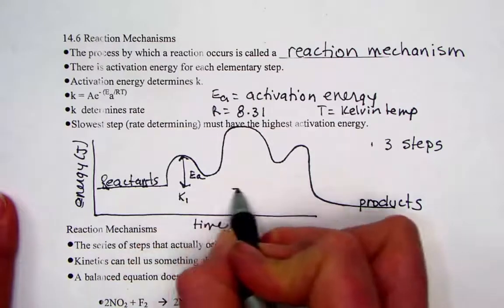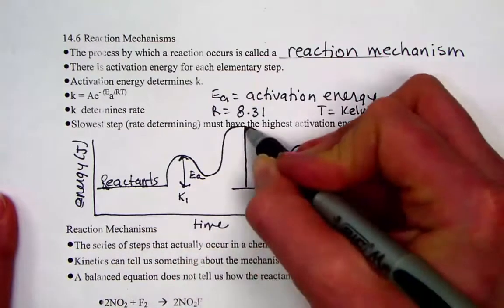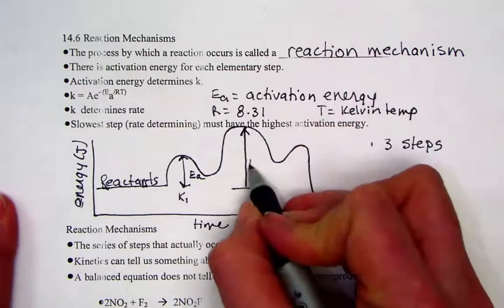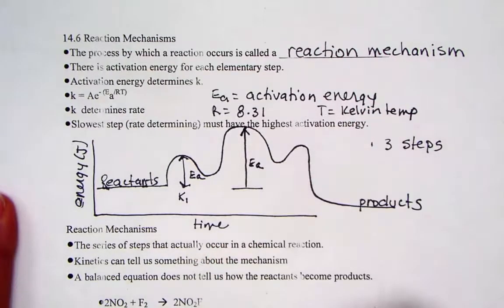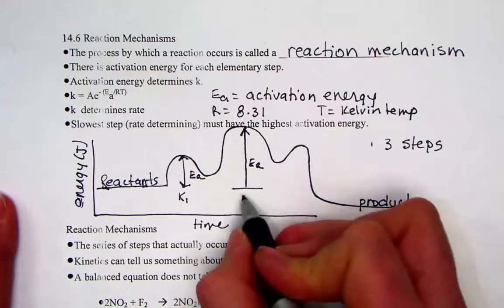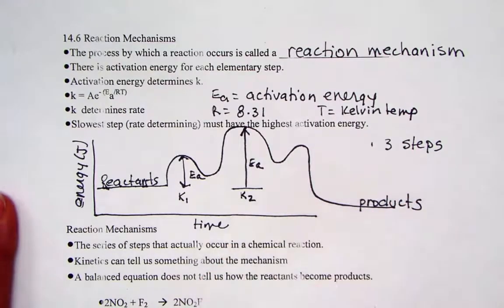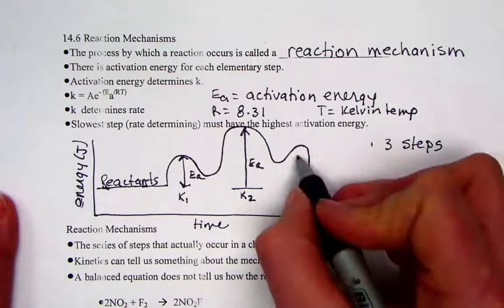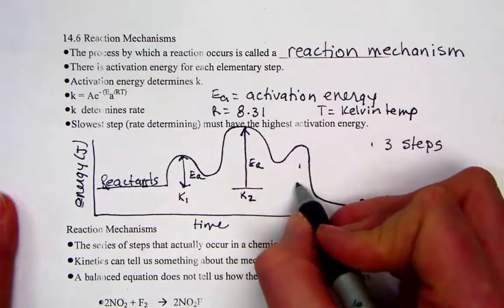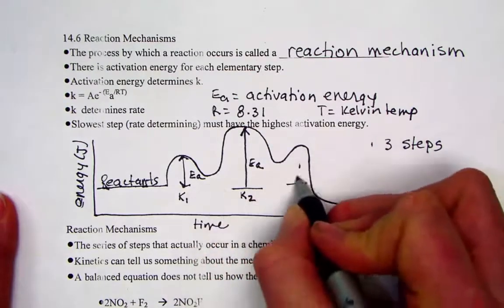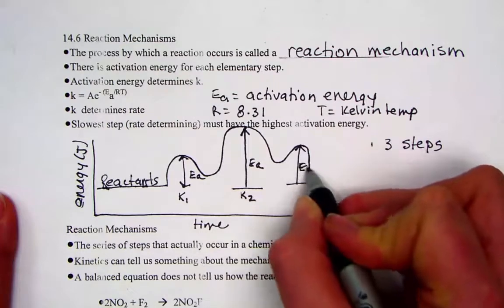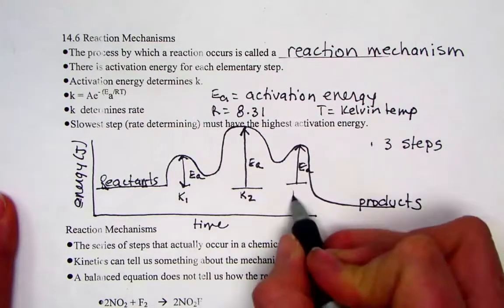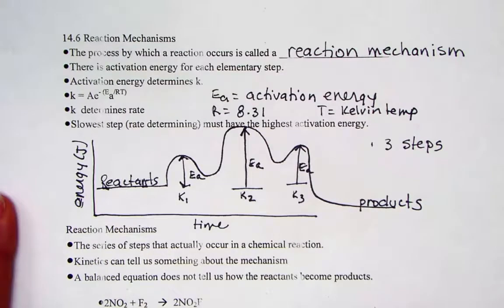From the reactants all the way to the top of the second energy barrier, we would have the activation energy for the second elementary step, and this would have a rate constant known as k2. And again, in the third elementary step, all the way back down to the reactants, we would have a third value of the activation energy and a third k value for that third elementary step.